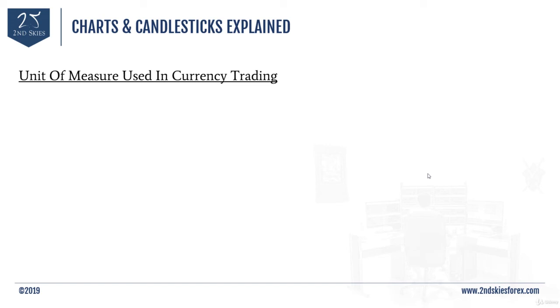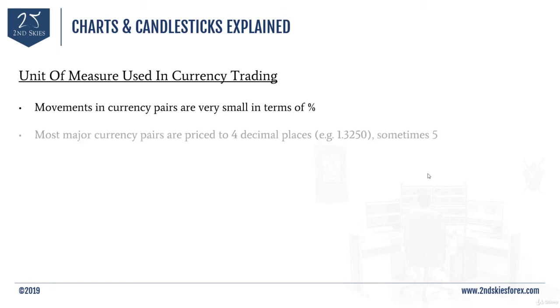But when talking about movements in currency pairs, they are often very small in terms of percentage. So a particular currency can move up and down in a day, for example, 0.001%. So it's not really effective to talk about the movements in currency pairs in terms of percentage.